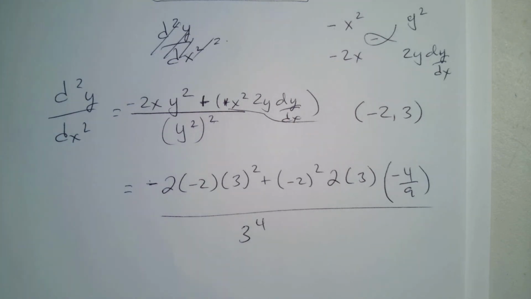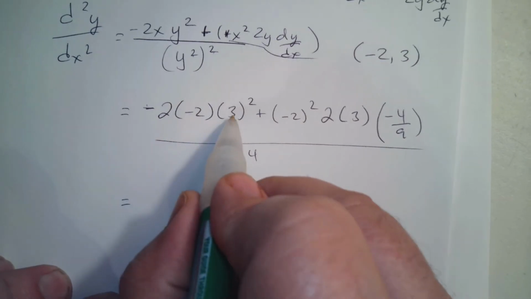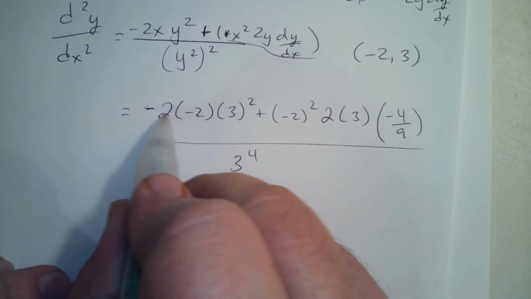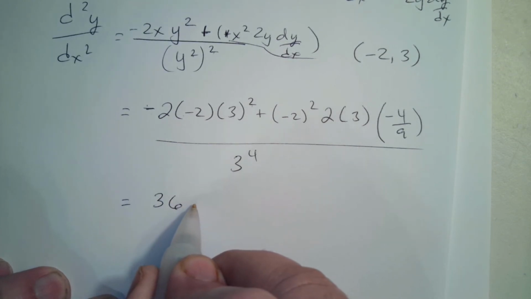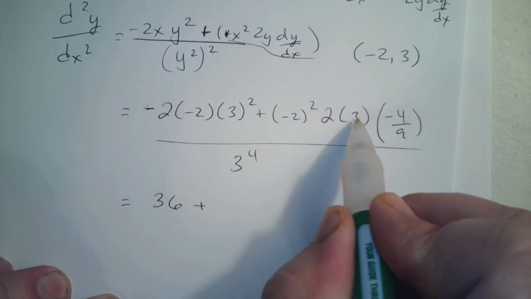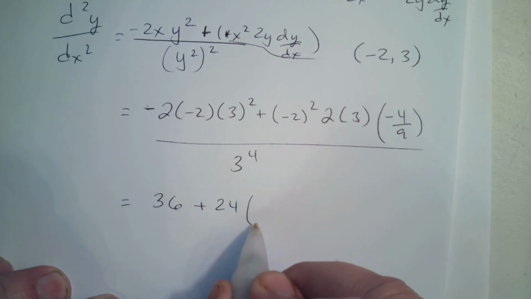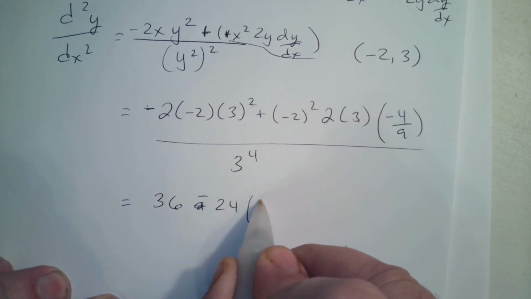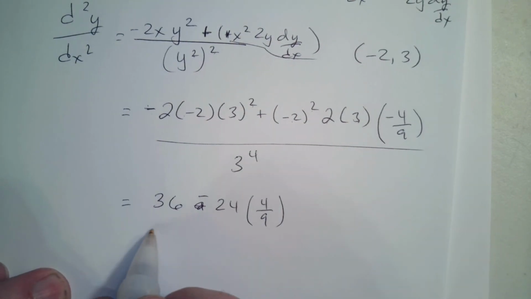Okay. This here, that's 9. Positive, negative is positive. 9 times 4 is 36. 8 times 3, 24. Makes it a minus. Take that 4 over 9.